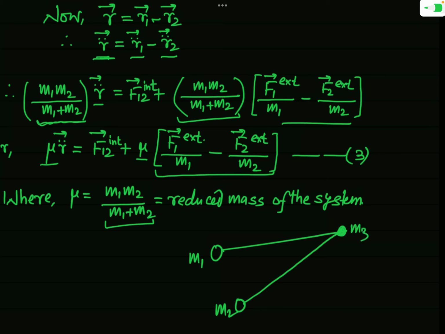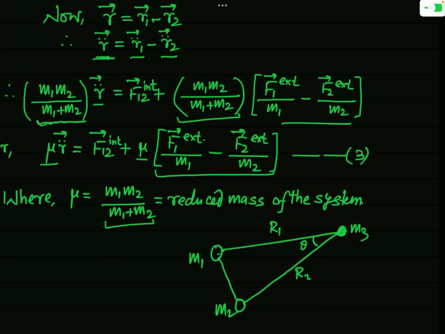And these distances are r1 and r2. Let us consider that the angle made by these two objects m1 and m2 at the position of m3 is theta.